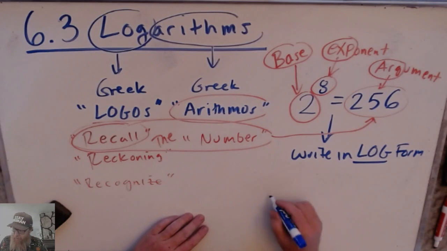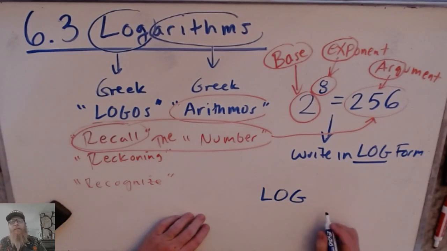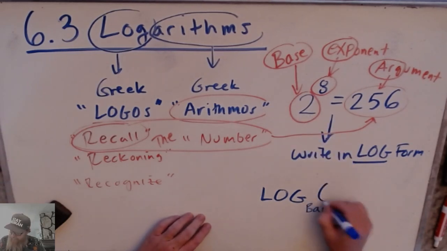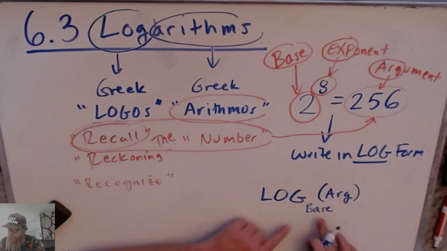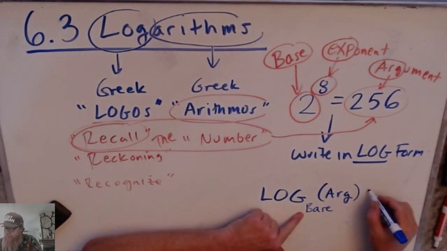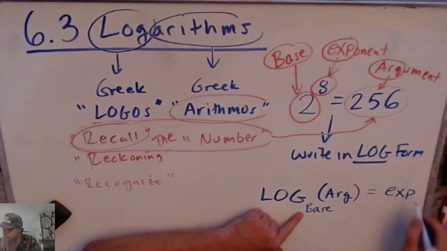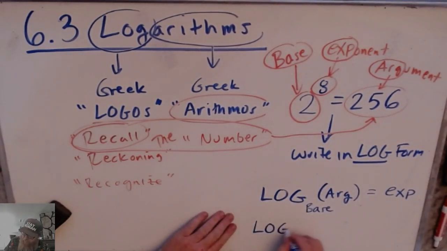And you're going to write it in log form. Okay. You're going to say log of the base, parentheses, argument. Notice the base goes down below. That's why it's called the base. And you're going to say it equals the exponent. This is called the log form.